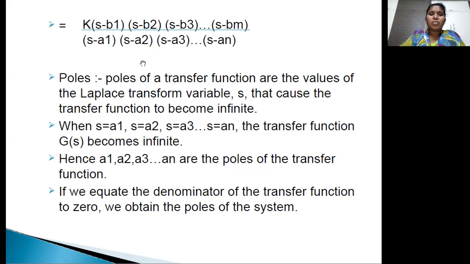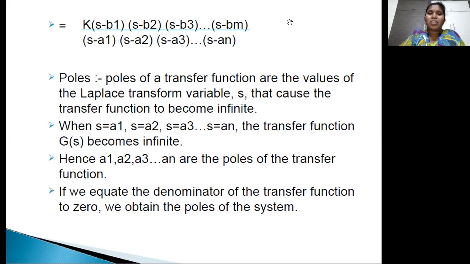If the denominator becomes 0, the total transfer function will be converted into infinity value. Is it right? Anything divided by 0 is infinity. So the values which tend the transfer function to infinity value, those values are called as poles.